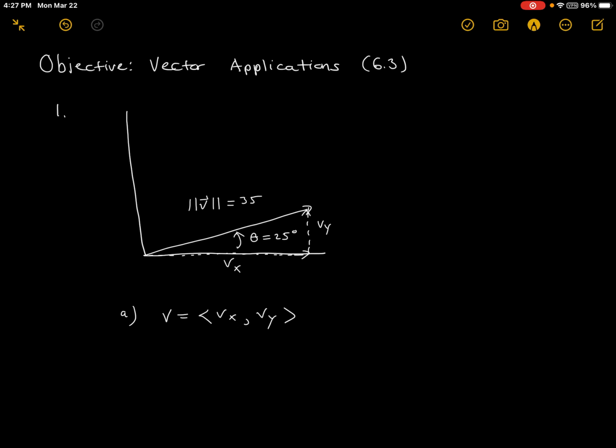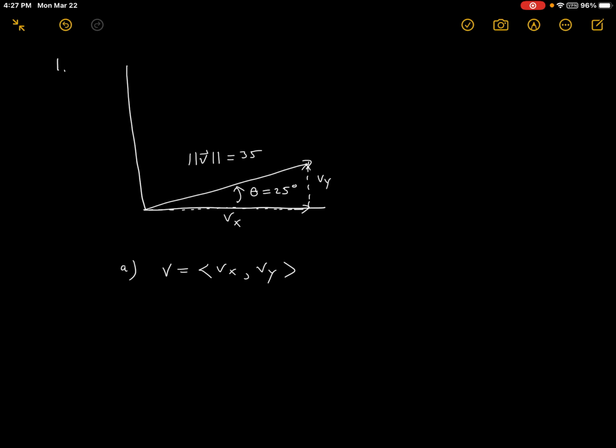And I had mentioned that the magnitude times cosine theta will give you Vx, and the magnitude times sine theta will give you Vy. So if you forgot that, you can see that it's a right triangle over here. Cosine of 25 is adjacent over hypotenuse, Vx over 35.